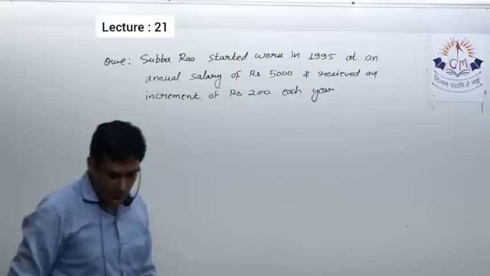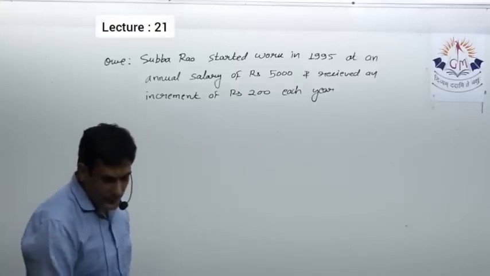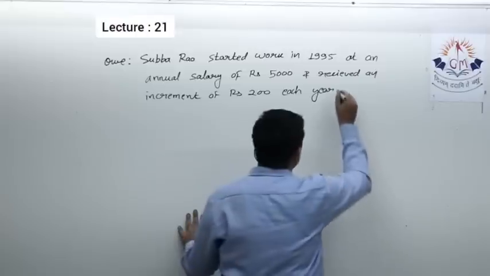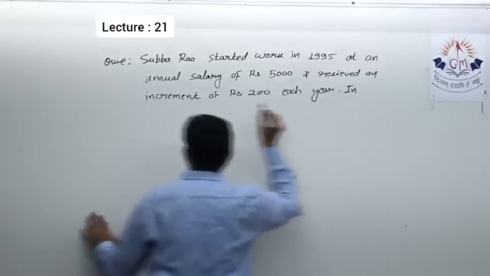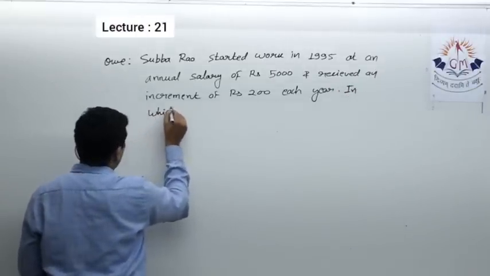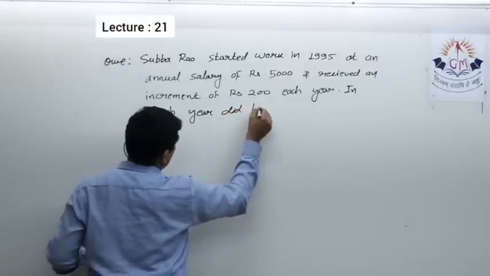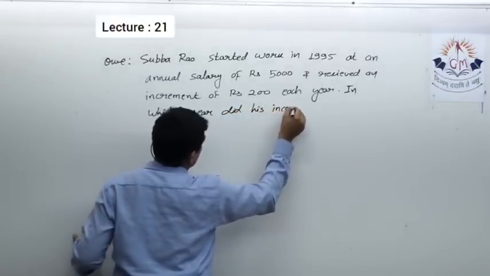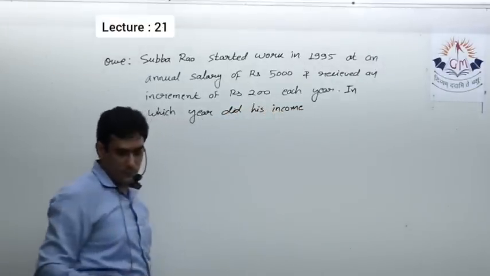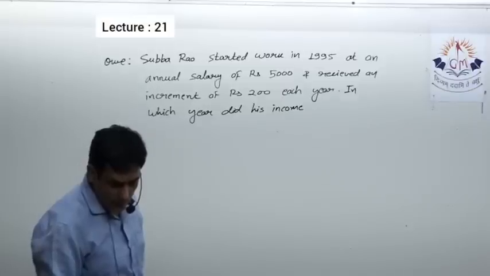Now what we have to find: in which year did his income reach rupees 7,000?